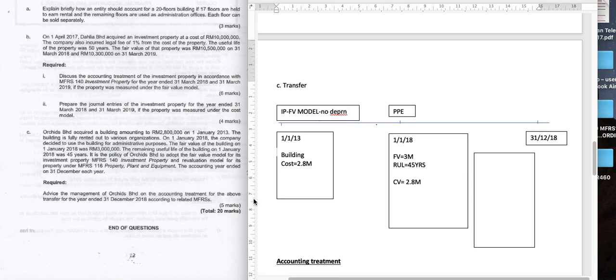Okay, and then it is the policy of the company to use revaluation model for its property. Alright, so here is the revaluation model.